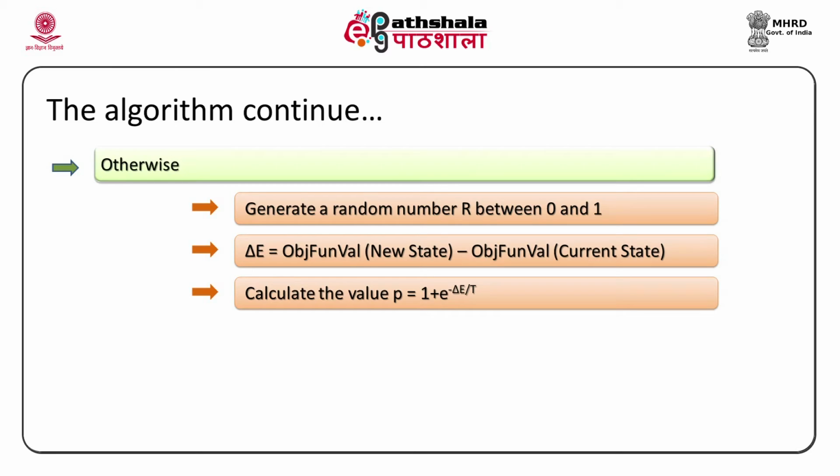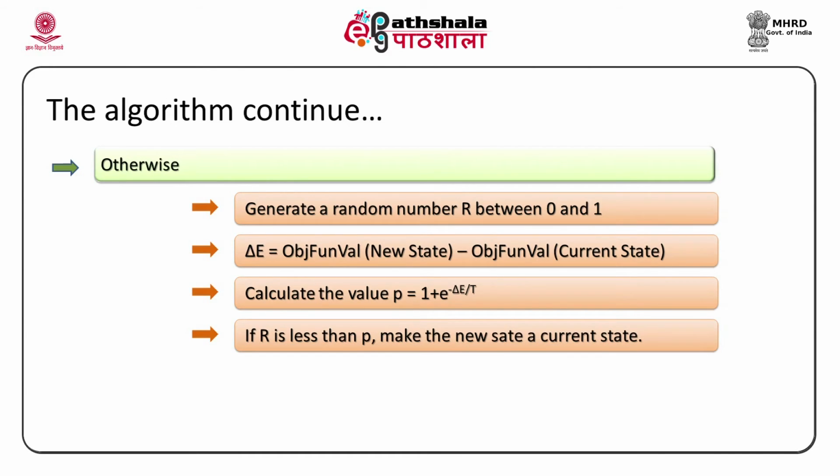We will calculate probability as 1 plus e raised to delta e. Delta is the difference between the previous and the current state, or the current state and the next state that we are trying to explore. Now, this is the value p, and if our r, which we have randomly picked up, is less than p, then we allow.